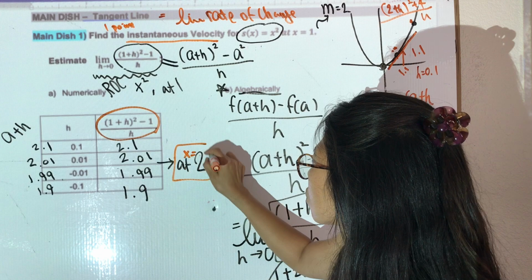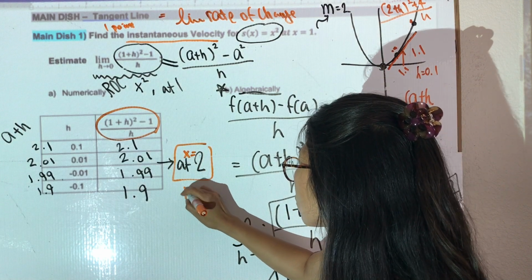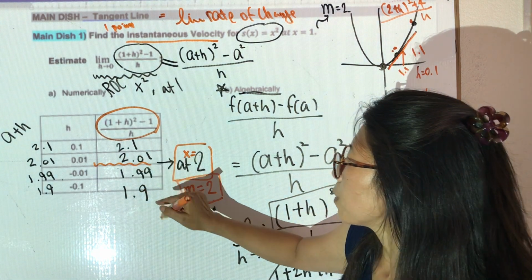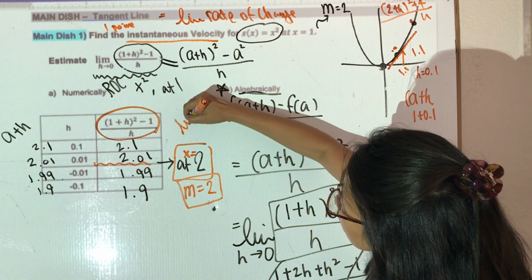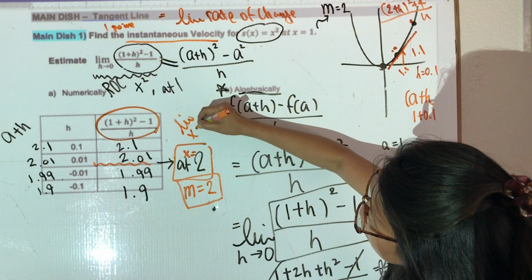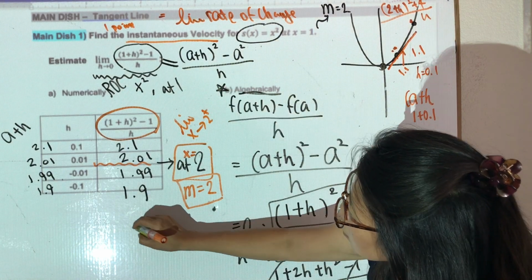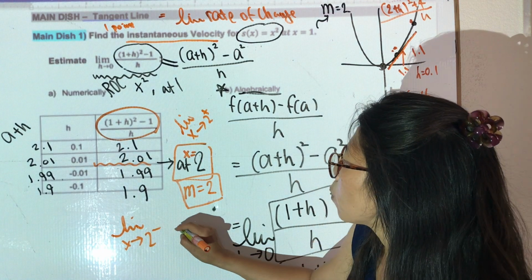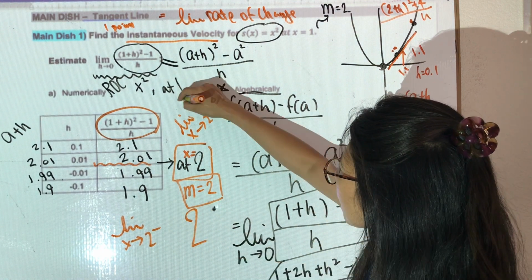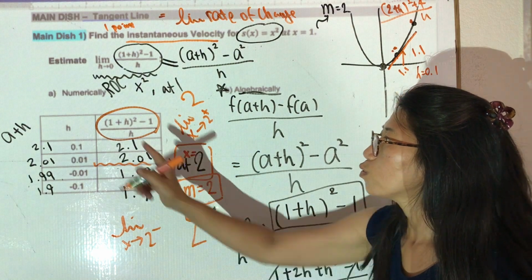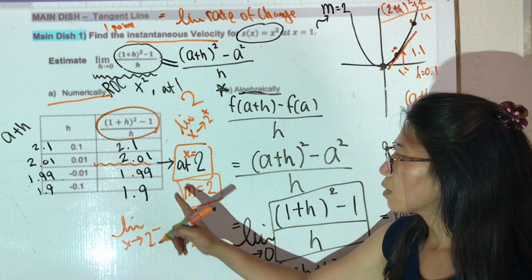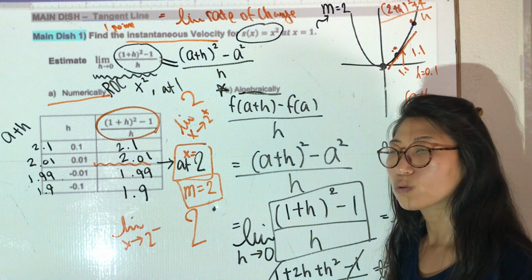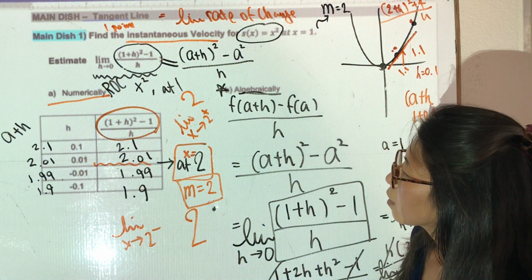Then you are going to get a slope of 2 as well, because by observing it, this is the limit as x approaches 2 from the right, this is the limit as x approaches 2 from the left, both heading to 2, so I can conclude numerically the limit is 2. The rate of change is 2. The slope is 2 at 0.1.